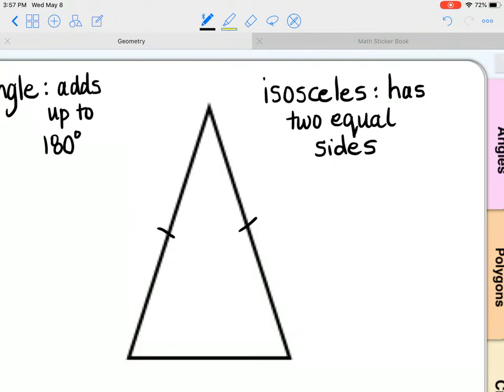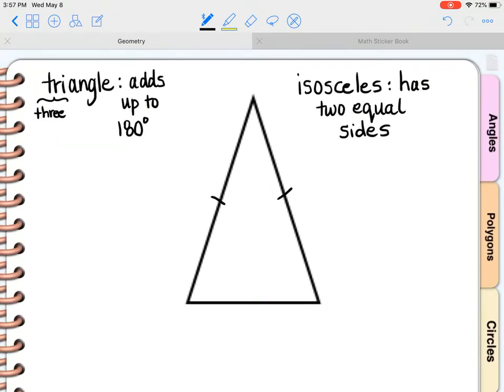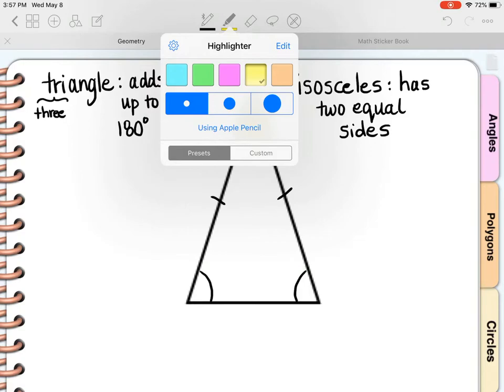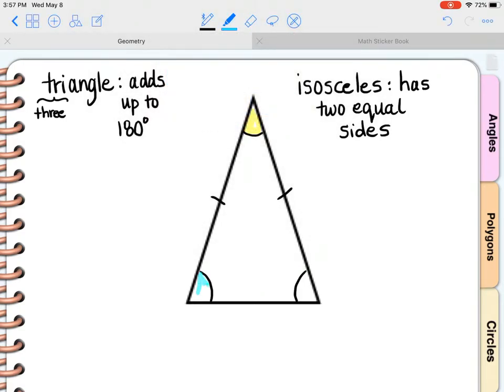And also another thing you need to know, a couple of things actually. Let me draw in this angle and then these two angles down here. So here are the three angles that make the triangle. I'm going to make this one yellow. And then these bottom two, I want them to be blue. I want them to match. Because always with an isosceles triangle, and this is a very important thing to understand, it's what makes an isosceles isosceles.